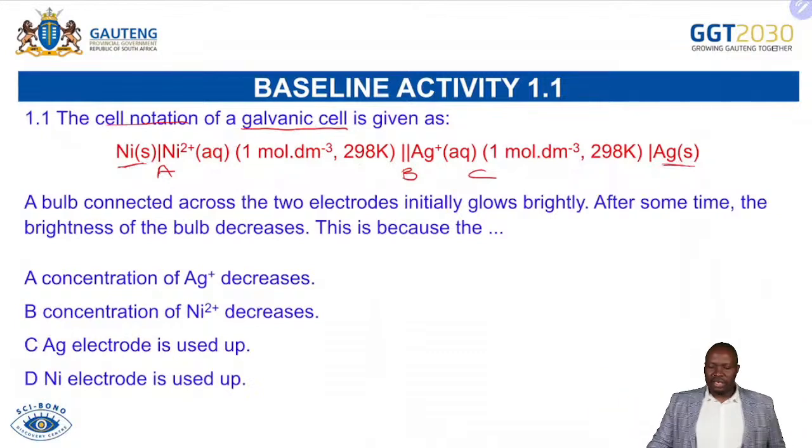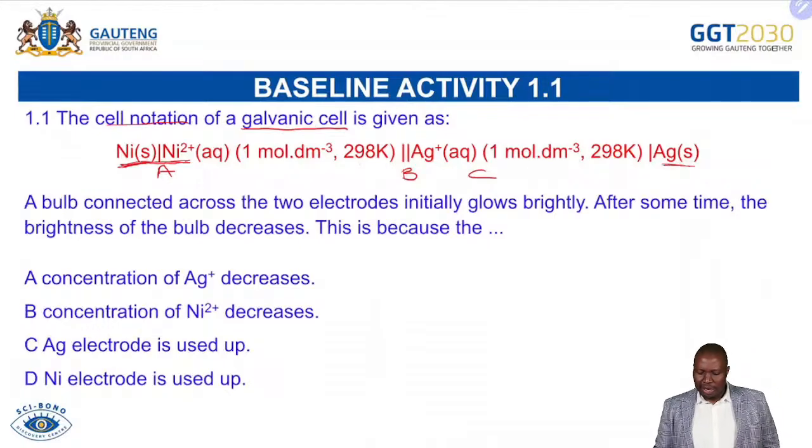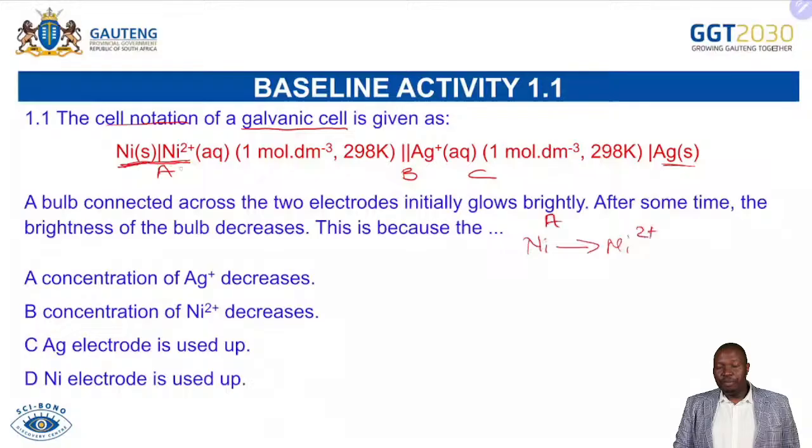So in this case, if you utilize cell notation well, you will see that from the anode side, you are given the reactants and the product, which means we are starting with nickel on the anode. Nickel is forming nickel 2+. Hence, you are given nickel solid forming nickel 2+ aqueous solution.